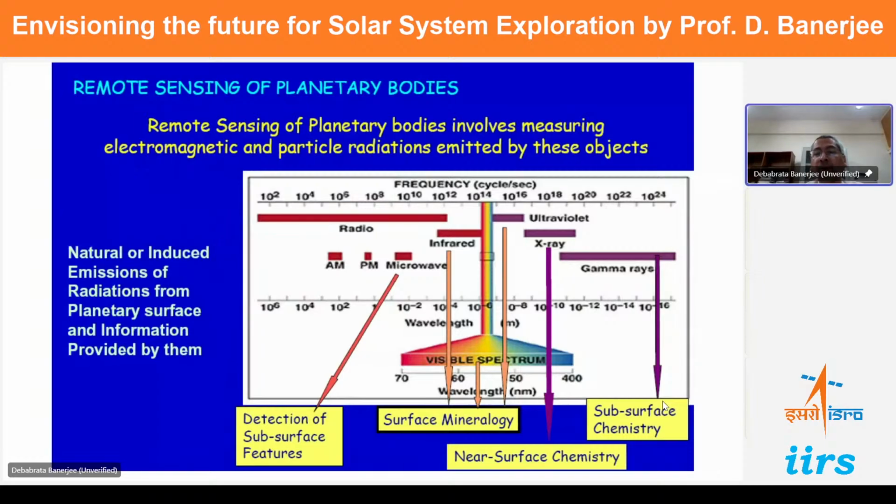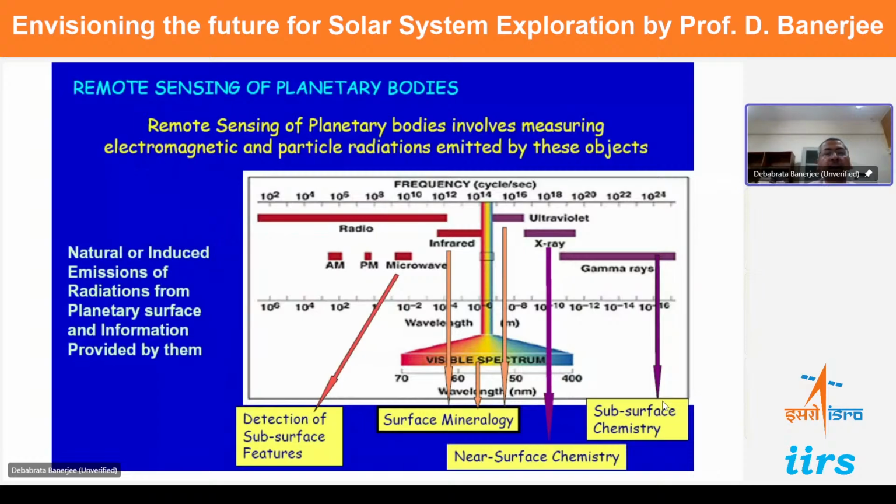You all know about APXS, the alpha particle X-ray spectrometer on Chandrayaan-3, which is now providing ground truth, and it has also told us that some material of the South Pole Aitken Basin has come into the landing site region. Then you have the surface mineralogy, which also comes from the visible range, and elemental composition can also be determined from gamma rays.